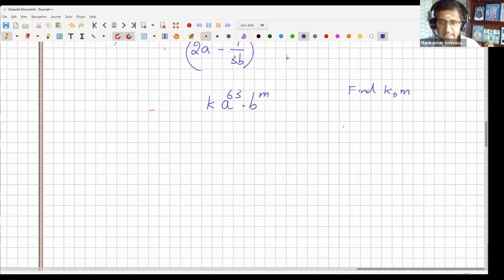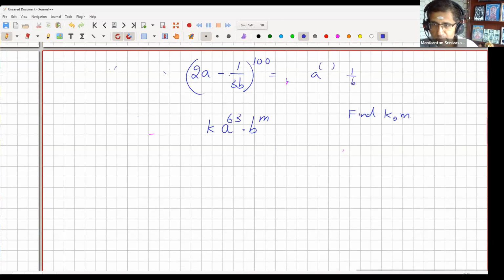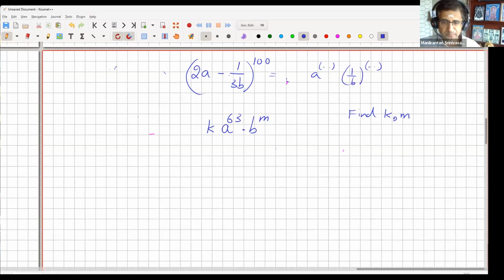Okay, so the first thing is easy. We just saw that when I expand this out, I'll have a power something, right? And 1 by b power something, right? And these two powers should add up to 100. We know that.